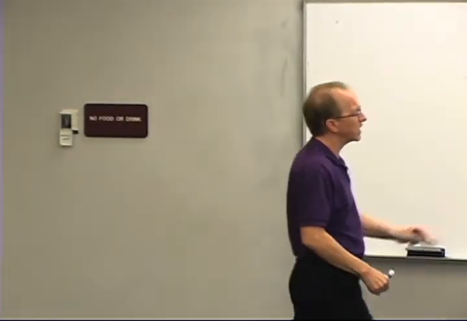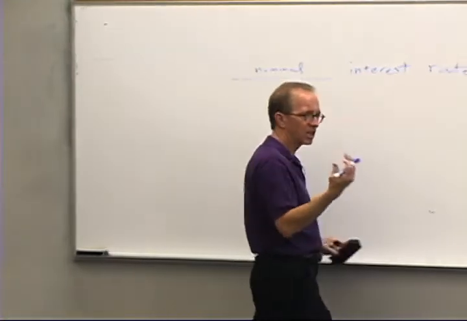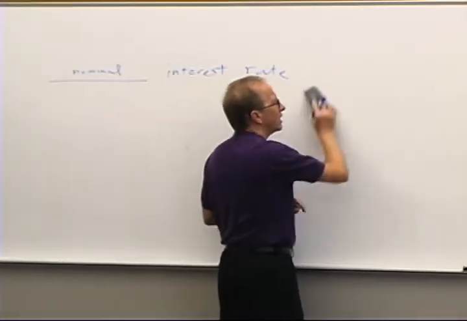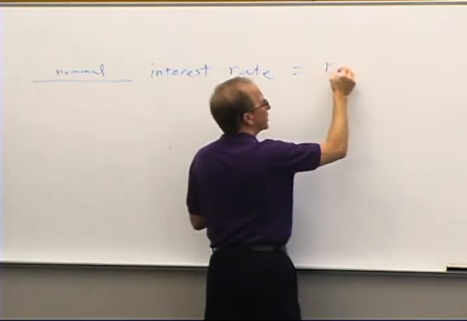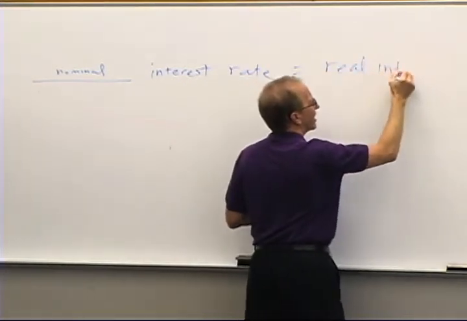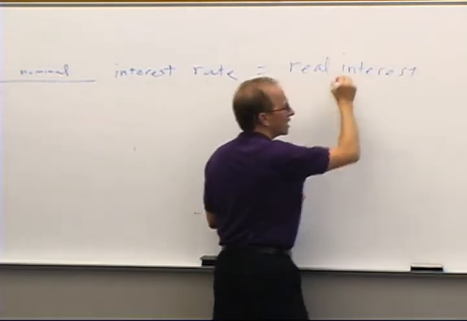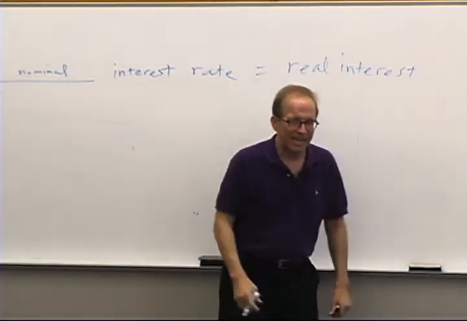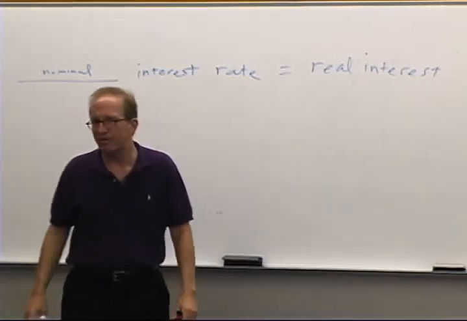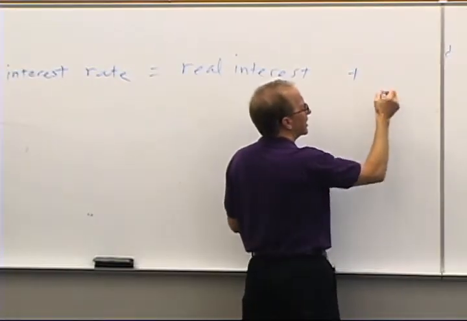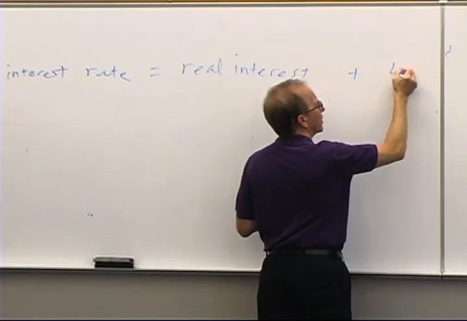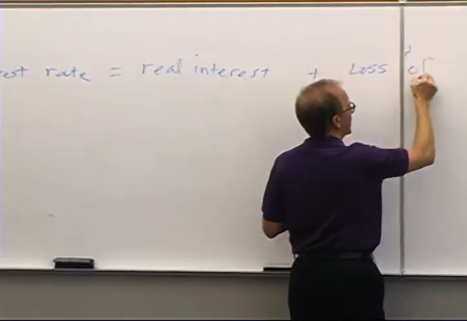So when we are setting these interest rates in our lending process, what we're really doing is this: we want some real interest. I'm willing to loan you that money for 5%, let's say, but I also want you to pay me for a loss of the purchasing power.